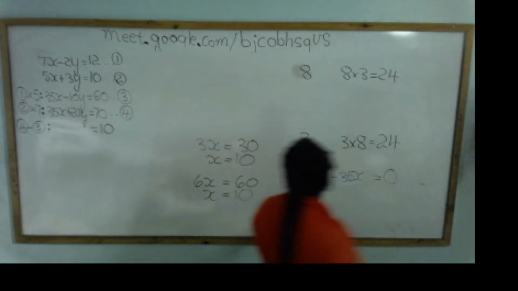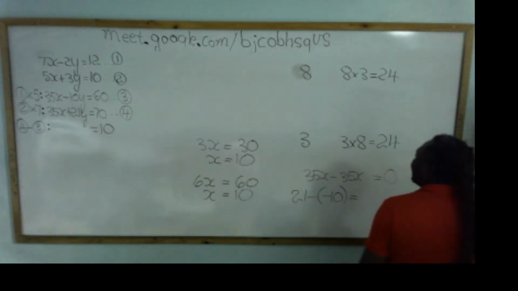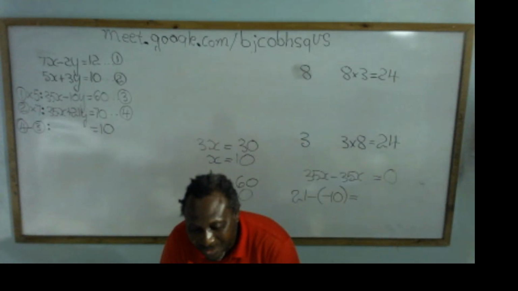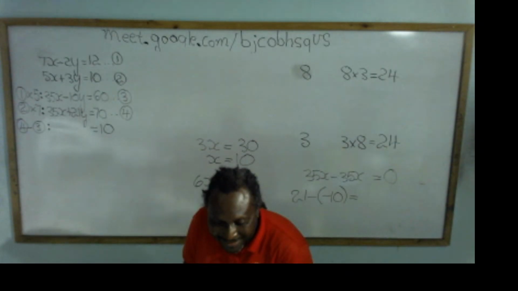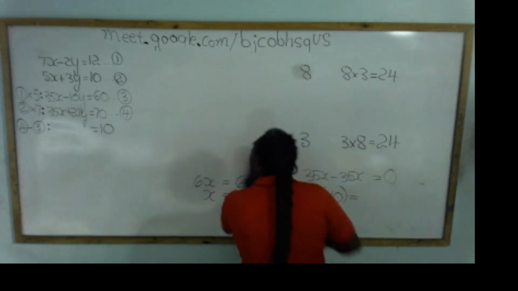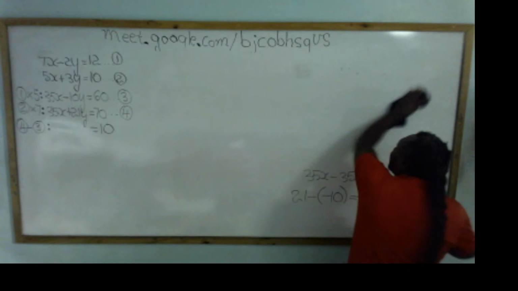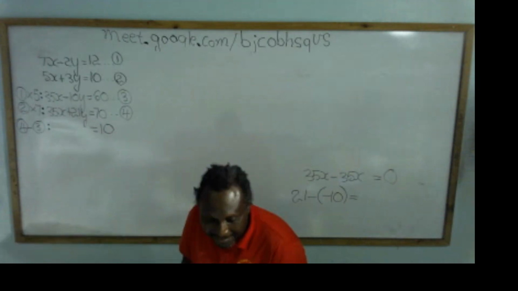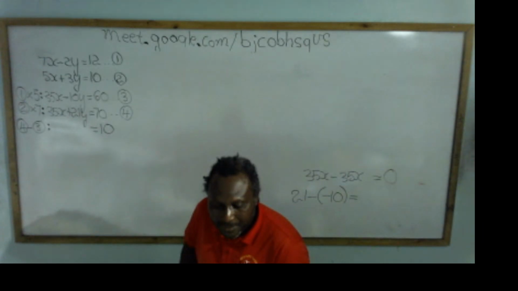So 21 minus negative 10. What does that give? What is the result of 21 minus negative 10? So far, I have not seen the correct answer.